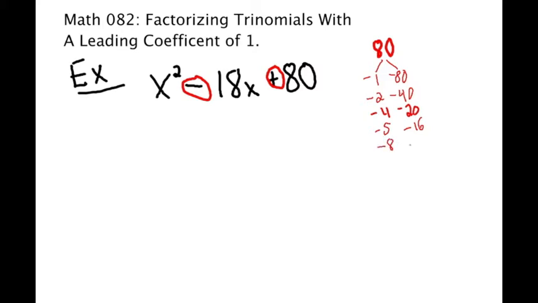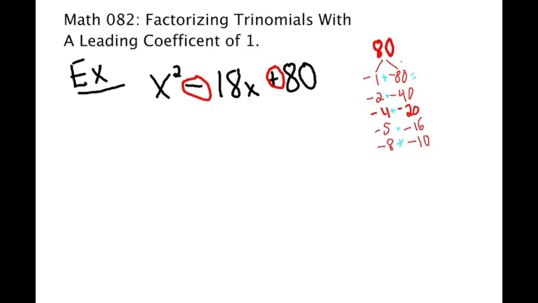Negative 8 and negative 10. So now we're going to add them all together. And we're going to see which of these pairs of factors are going to add to be this negative 18 here.